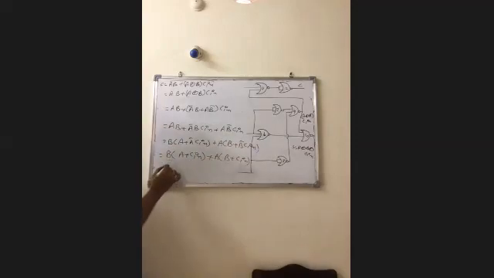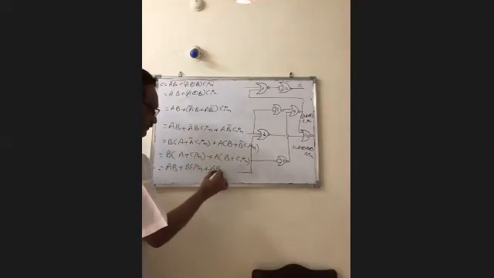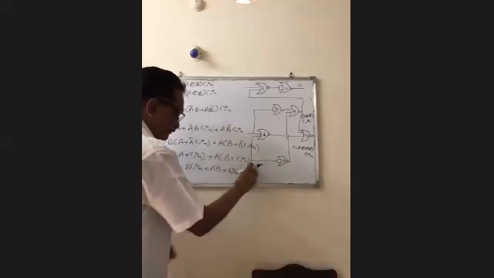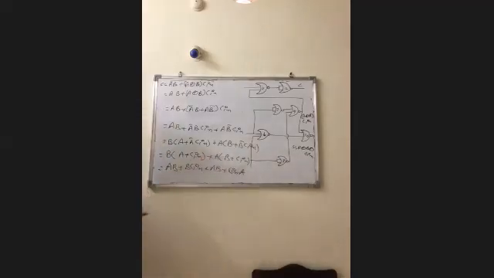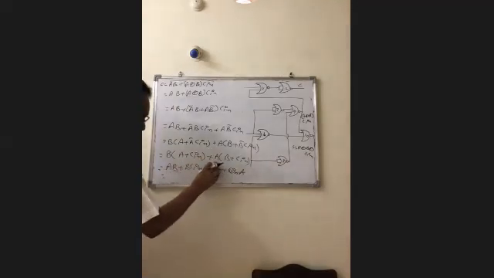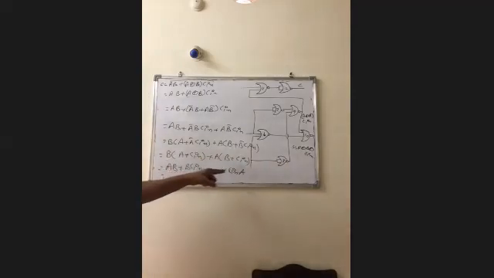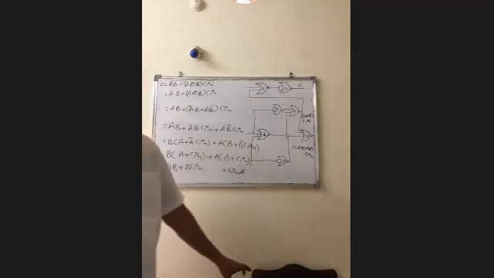So this is equal to AB plus BCin plus AB plus Cin into A. AB plus AB equals AB only, so forget about this one. The final expression is AB plus BCin plus Cin into A. So that is the minimal output expression for carry.